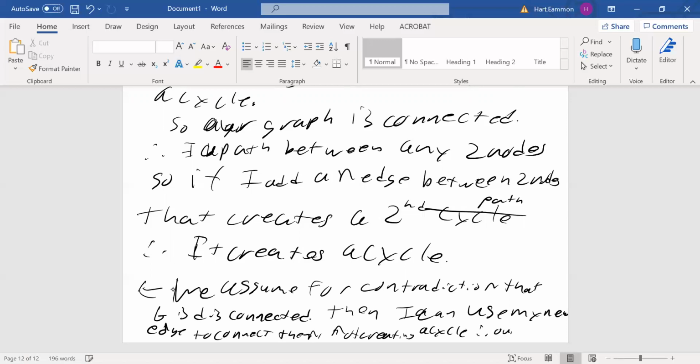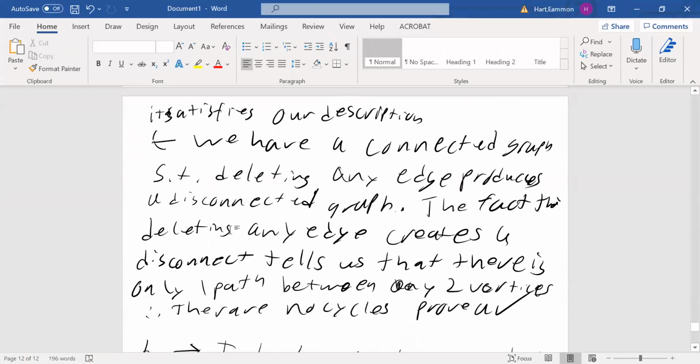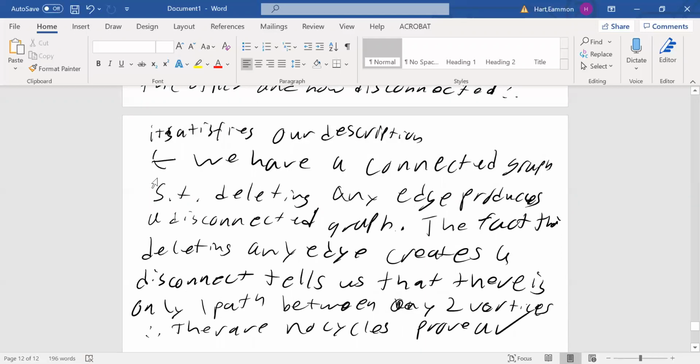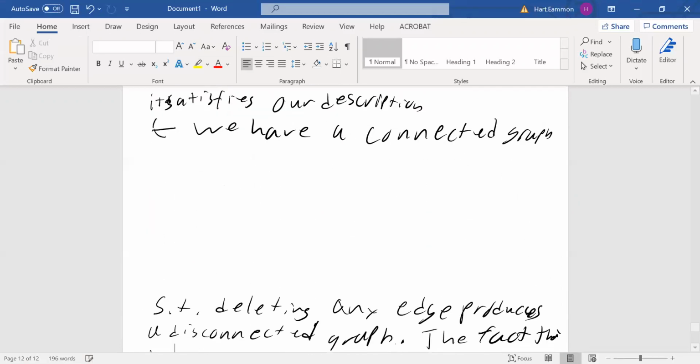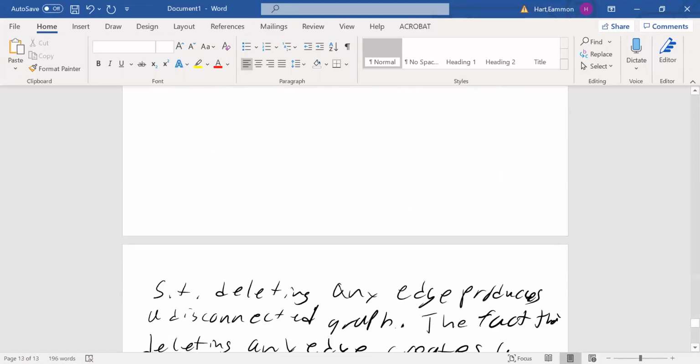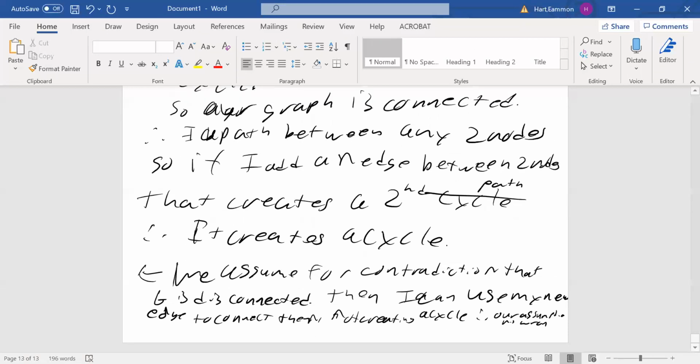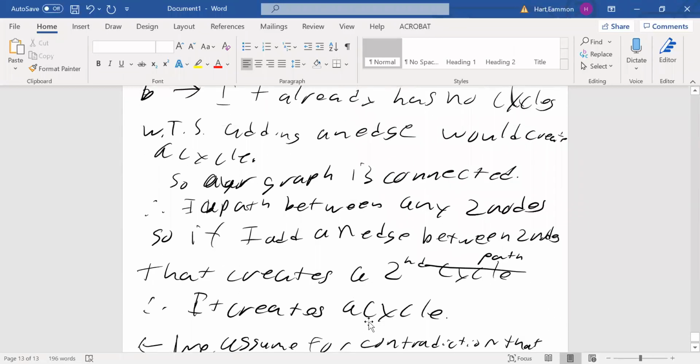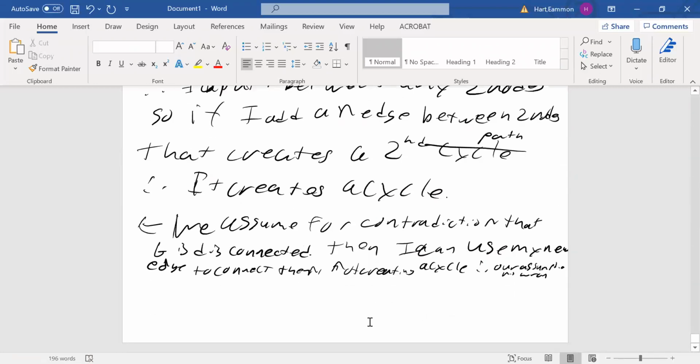Therefore, our assumption is wrong, and we have a connected graph with no cycles.